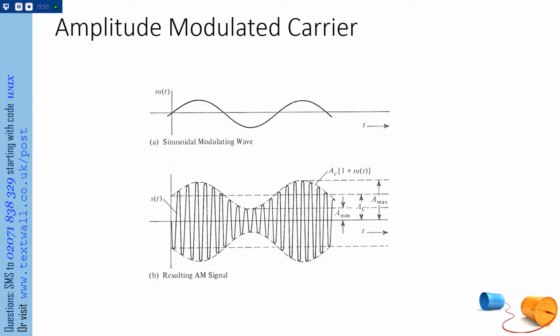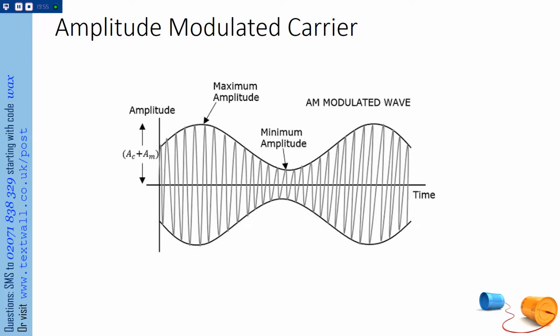Okay, so this is just repetition. Now, looking at your modulated signal, your bandpass signal, your AM signal, you have a highest point, that's the maximum amplitude, and you have a lowest point, the minimum amplitude. The depth of modulation, the modulation index, is related to the difference of those two numbers.